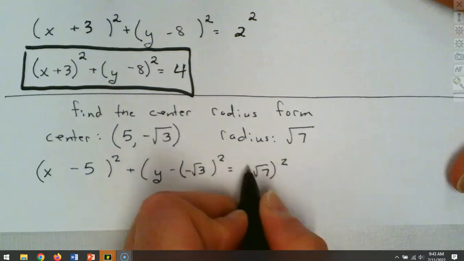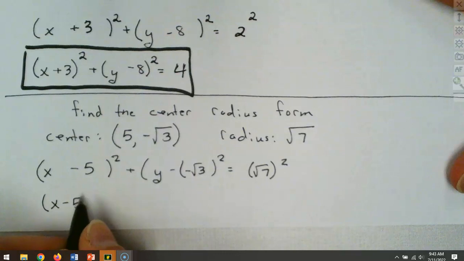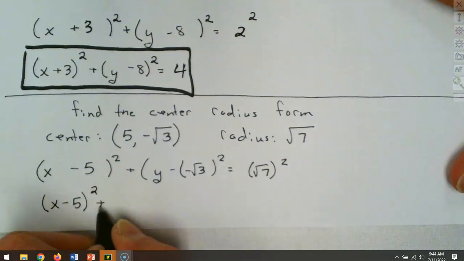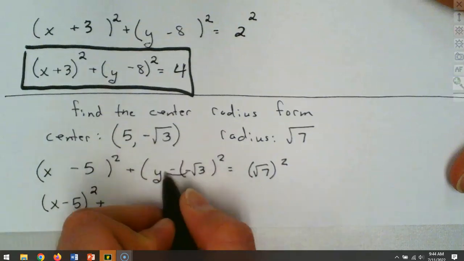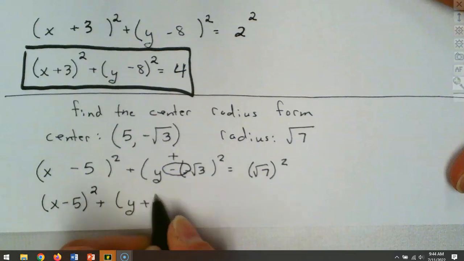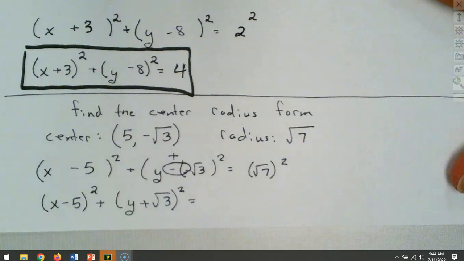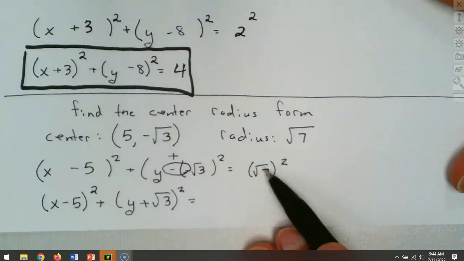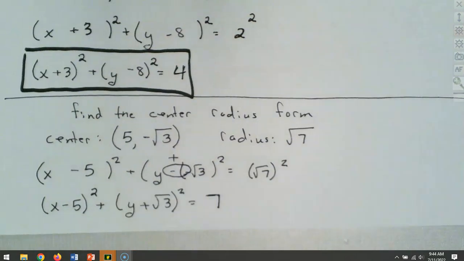Square root of 7 squared. So what does that give you? That gives you x minus 5 quantity squared. The double negative here makes that a positive. So that's y plus the square root of 3 quantity squared. And then what about the right-hand side? When we square this square root, it becomes a 7. So there's your answer in center radius form.